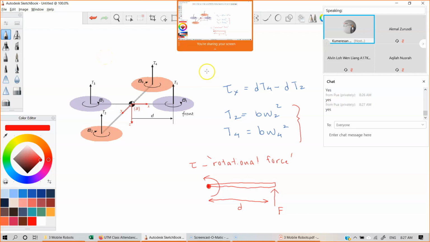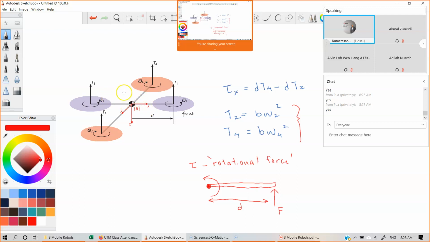So let's look at T4 and T2. This is T4, this is T2. So we have to ask ourselves, what is positive torque, right? From the previous chapter. So that is why chapter 2 is very important. Make sure you super understand chapter 2. Anyway, so what is positive torque? Or before that, what is positive rotation, right?